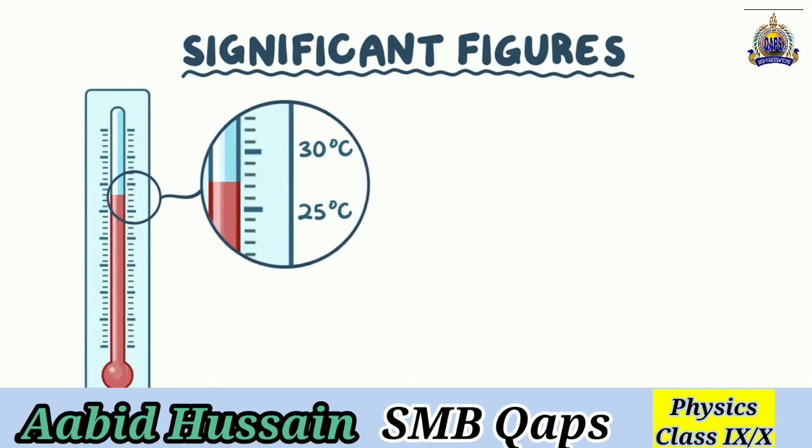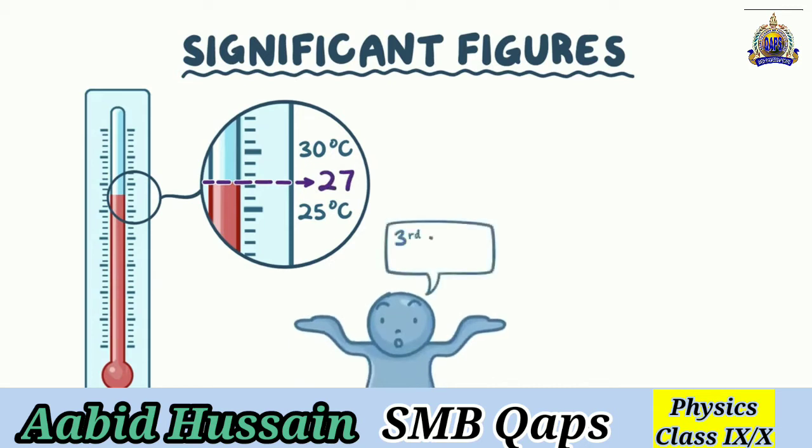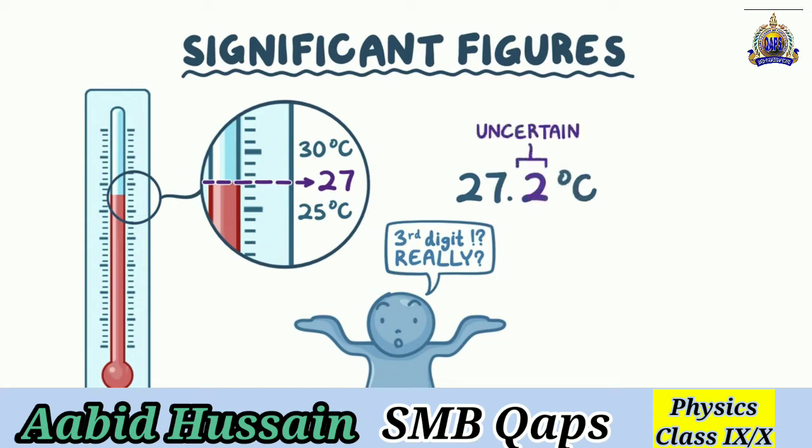Now if we take another thermometer which is divided in 1 degree centigrade, here you will see that our measurement is between 26 and 27, so now it is between them, that is 27, but this is not only 27 because it is more than 27, so it may be 27.2, meaning the 2 here is the uncertain number.